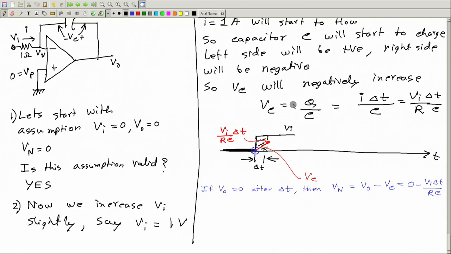So I should put a minus sign everywhere. This actually means this will go down. This is negative means it will go down. Let me correct it.